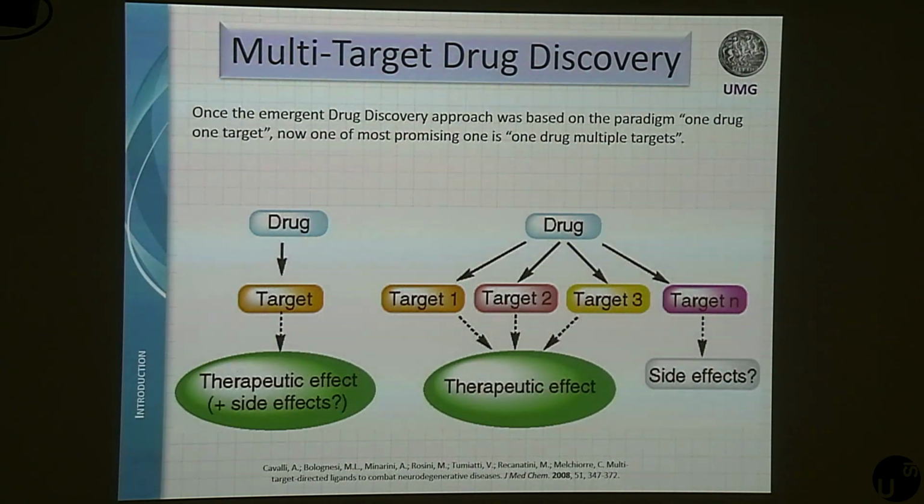And the idea of targeting them possibly in one compound is why now we move from the classical approach to the one drug, multiple targets approach. This is, in theory, a simple approach, but it's not so easy to create compounds that are able to target what we want and to avoid eventually targets that are related to side effects. Even the side effects, as you know, are always present also in the classical approach.